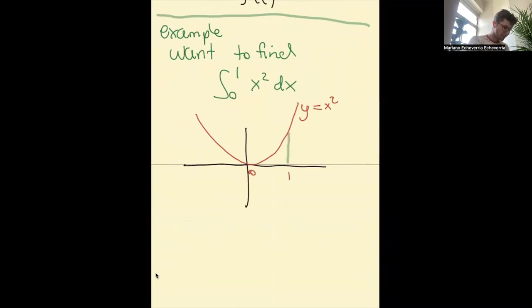So this quantity corresponds to this area here.